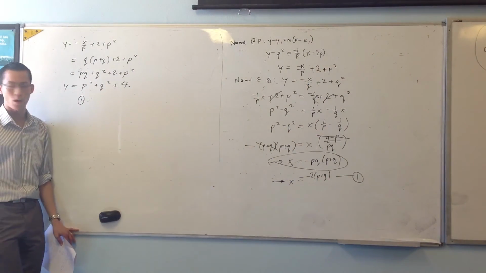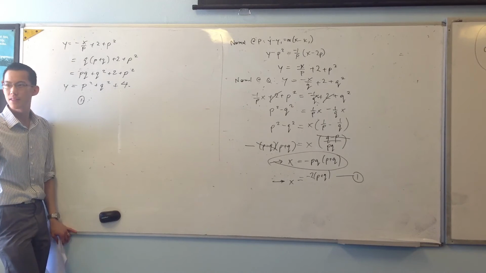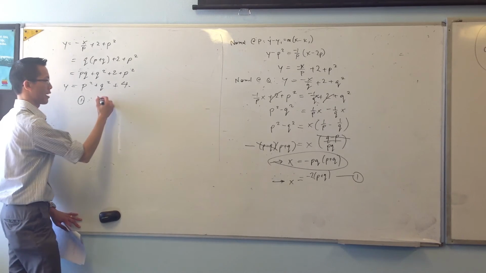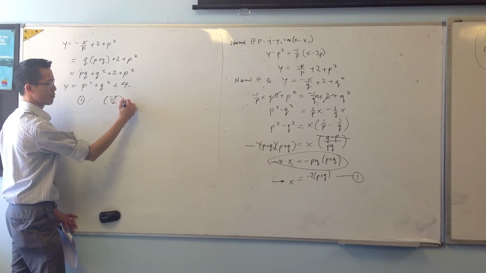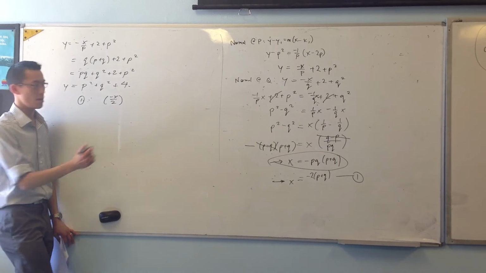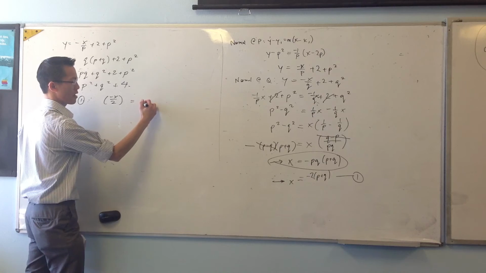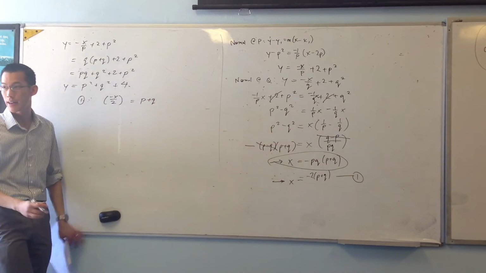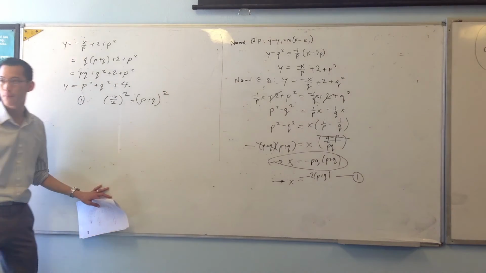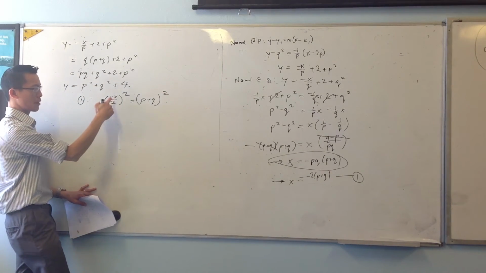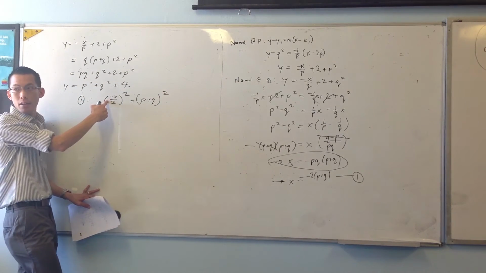If I take equation 1, it'll probably be easiest to square if I divide through first. Okay, so I'm going to divide through by minus a half. Okay, is that alright? That'll give me p plus q on the other side, and now I'll square. Because it's squared, don't worry about the negative, right?